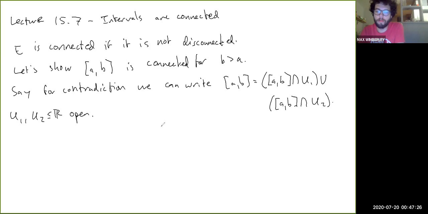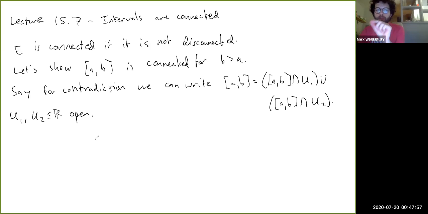Remember how we said that the set where the value of f is less than some y and the set where the value of f is greater than y have to touch each other at some point? This logic is identical to that, and there's a good reason, because we're going to use the concept of connectedness to prove a generalized version of the intermediate value theorem, which I think is interesting.